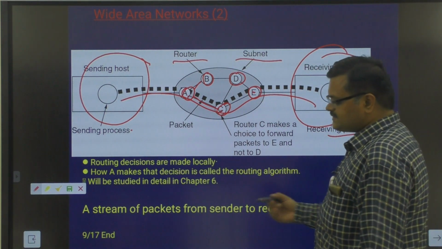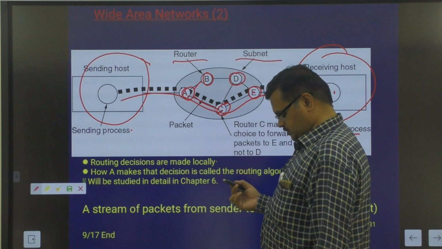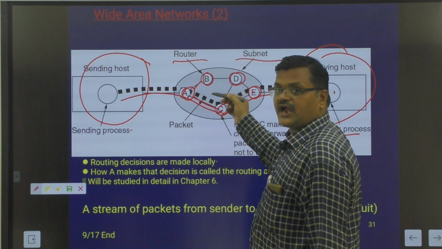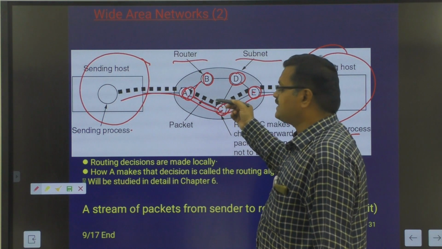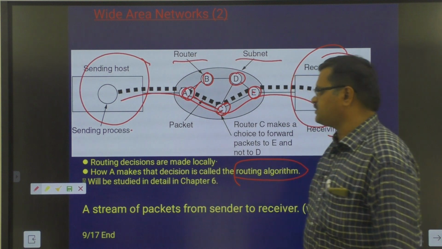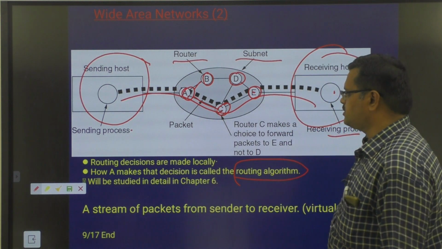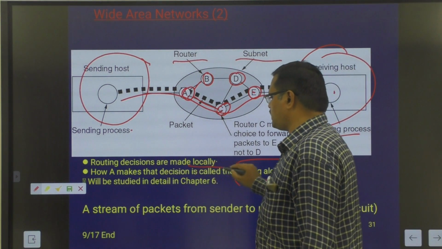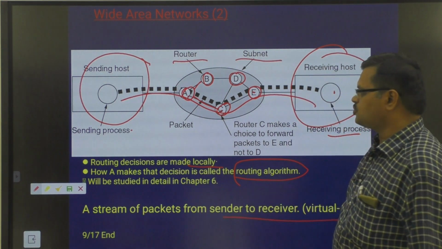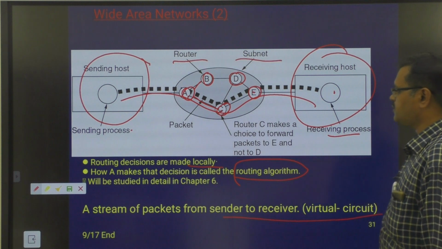Okay, so how does this decision happen? To which router should the packet next be forwarded? That is decided by the routing algorithms. So routing decisions are made locally. A stream of packets from sender to receiver is nothing but a virtual circuit. Nothing but what?